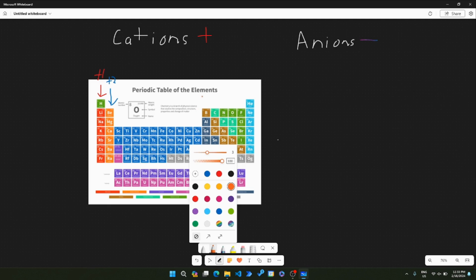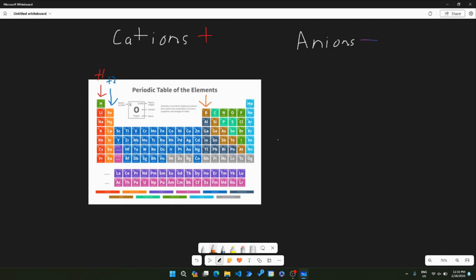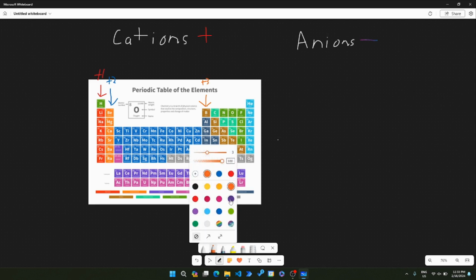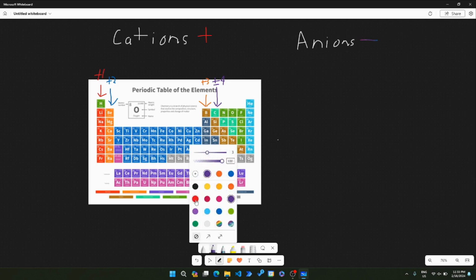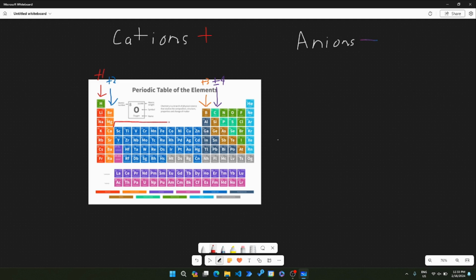The column underneath boron, the aluminum family, will form +3, and the carbon family will form plus or minus 4. Now there's a significant chunk of the periodic table left out in this, which are the transition metals, the lanthanides and the actinides.